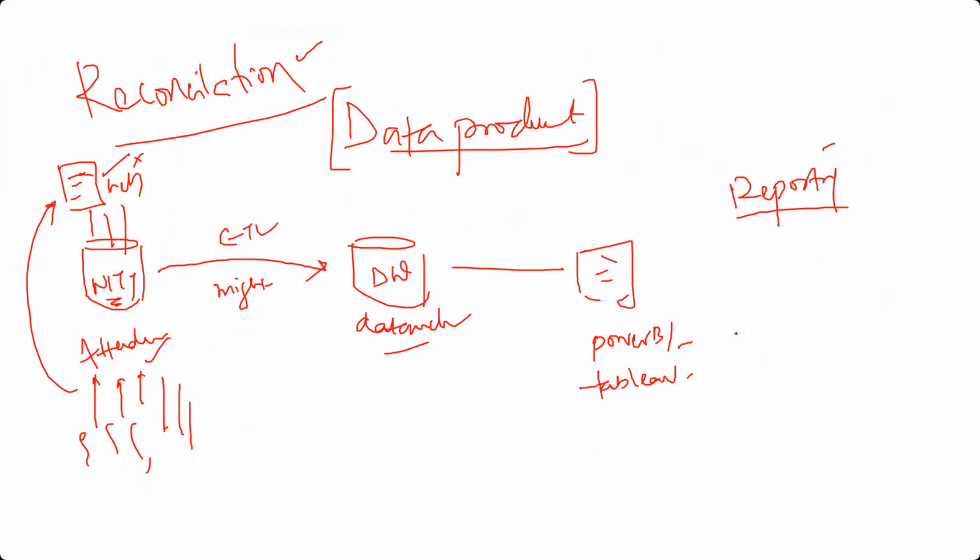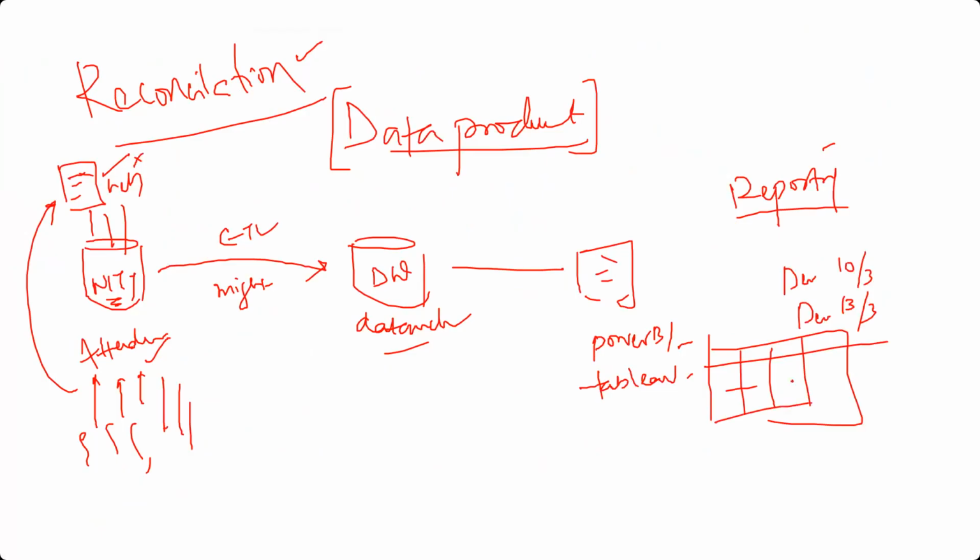Some reporting tools are attached to see who gave attendance to DevOps class on 13th of March, who gave attendance to DevOps class on 10th of March. That data they're trying to see here. Now, what is the reconciliation problem?